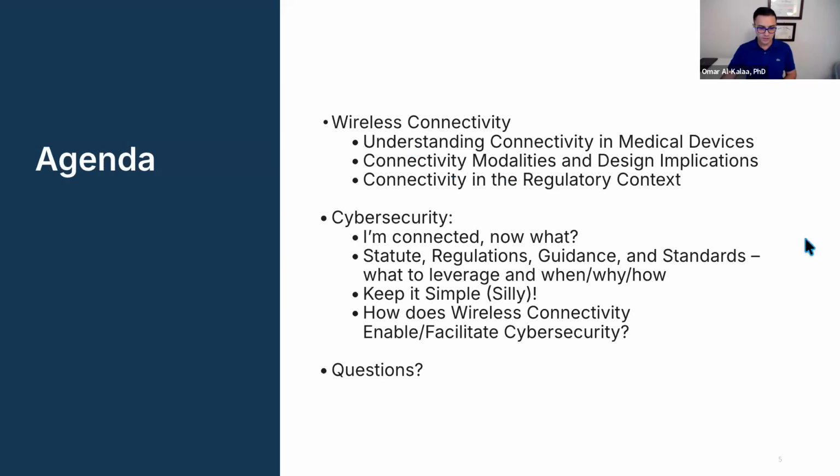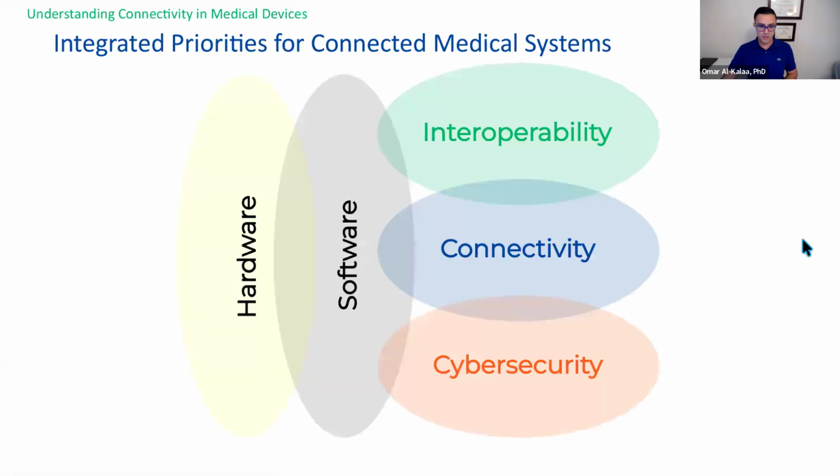And one take-home message that I hope stays with everybody in attendance is that all of these topics are very closely interrelated. Just like any system that has software running on specific hardware, whether that is commercial off the shelf or custom built, the topics of interoperability, connectivity, and cybersecurity are all interconnected, and they impact each other.